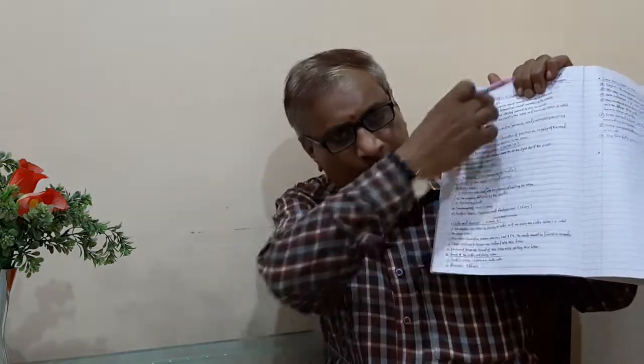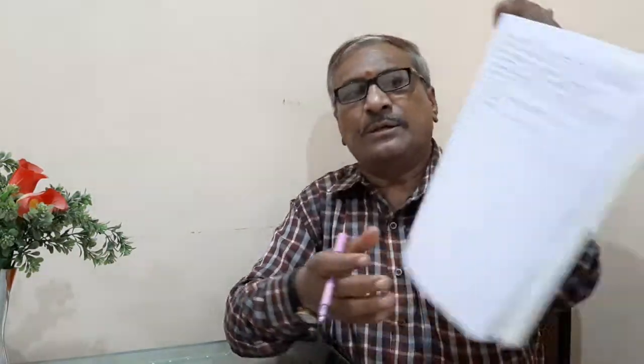Then this letter can be written at the left side. Left side means like this. So this letter should be written at the left side, or at the left hand side, and the right side also.